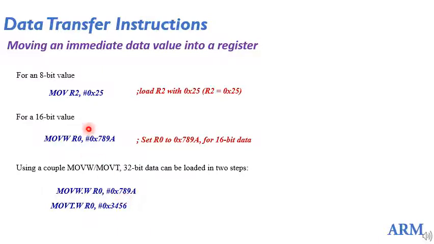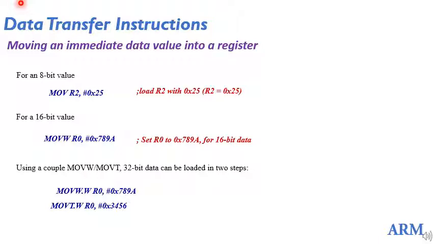MOVW R0, #0x789A will move this 16-bit value to R0, right? So here there is an additional .W. That's just to demonstrate the different formats. You could have directly used MOVW and MOVT. I have included this .W just to demonstrate another format.